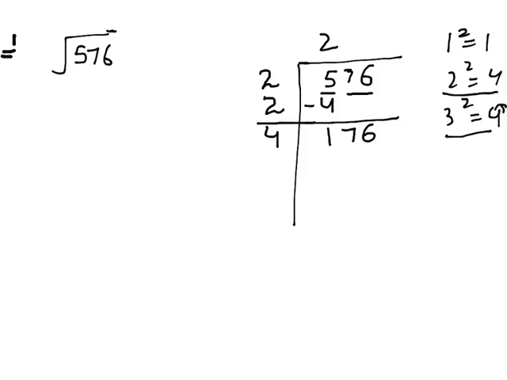Now we have to write a digit over here and here, so that when we multiply we get a number again less than or equal to 176. So let's start. If I write 41, that means I write 1 over here, then I have to write 1 over here, and multiply this 1 with 41.